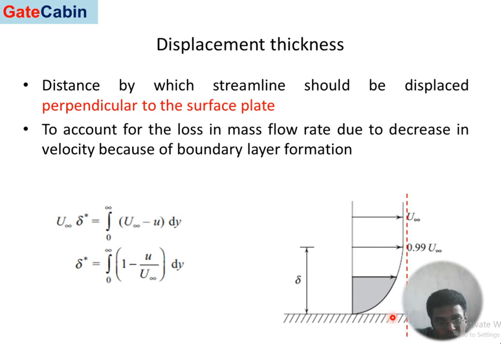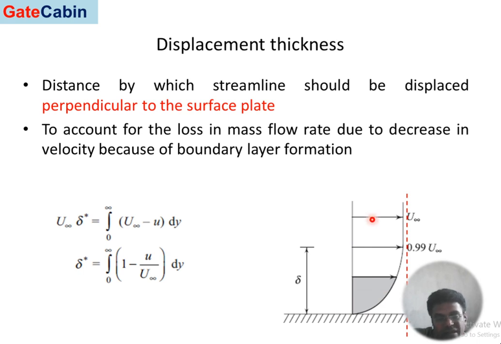So this is the loss in mass flow rate over the thickness of the boundary layer, and displacement thickness takes care of losses. So by how much distance should we displace this boundary layer so that we attain the same mass flow rate, to have uniform conditions?